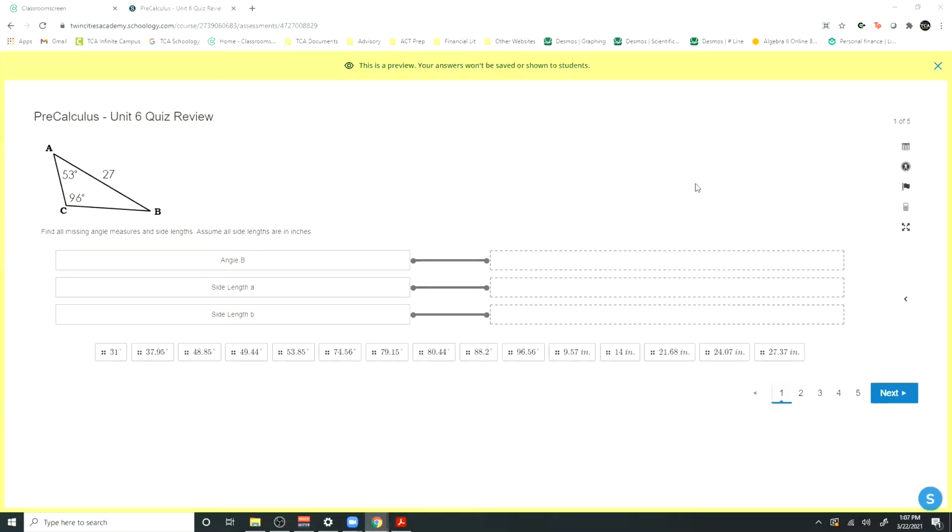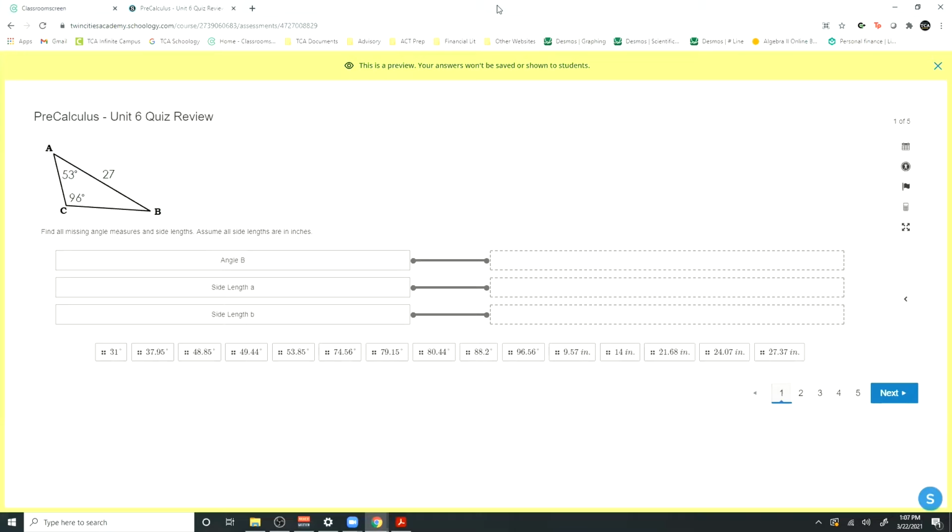For each of these problems, you will have to determine when you can use the law of sines and when you can use the law of cosines, or even more so, when it is appropriate to use one or the other, because sometimes you have to start using the law of cosines, let's say, first.